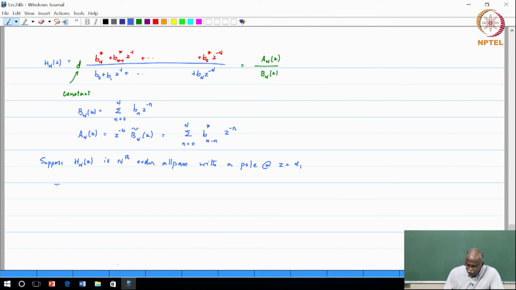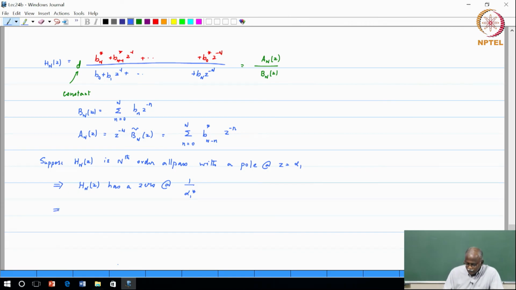So Hn of z has a zero at 1 over alpha 1 star; that is the structure of the all pass.